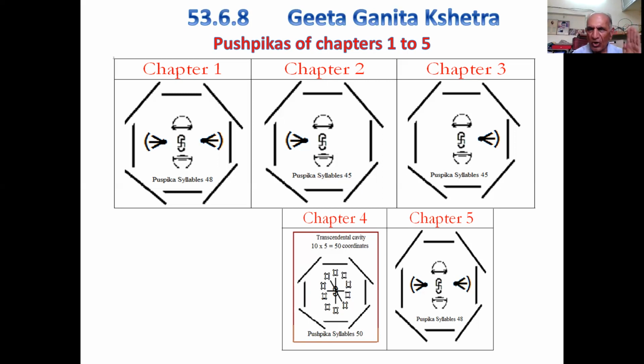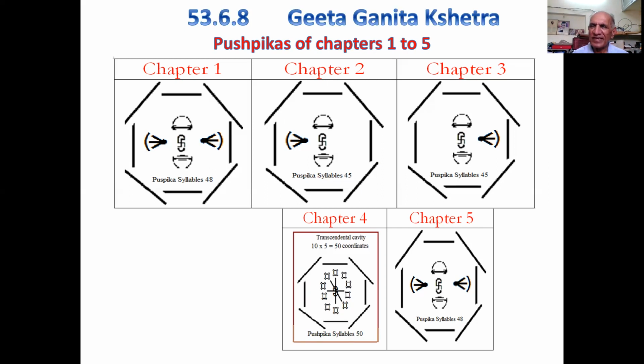The spatial order with which we are chasing is taking us up till 6 space. Now, because this 2 space is a spatial space which permits a reversal of orientations as well, chapter 5 and chapter 1 both are having 48 as the Pushpika value.